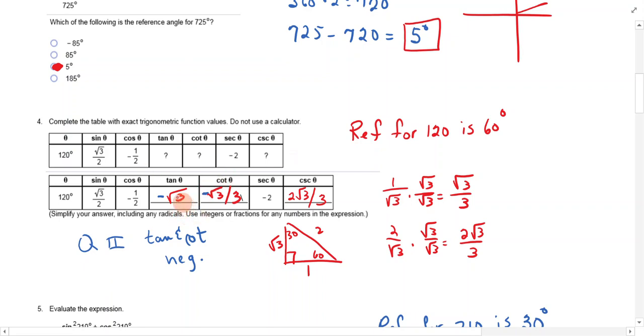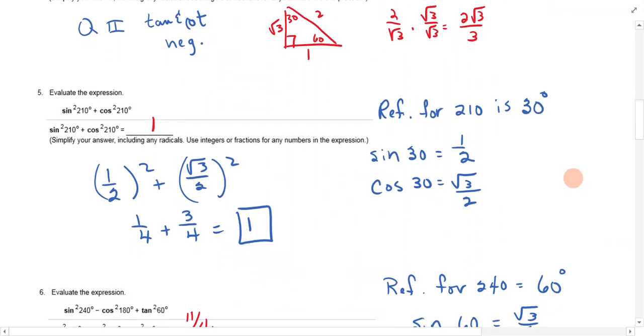So we know tan is square root of 3, cotangent is square root of 3 over 3, and cosecant is 2 square roots of 3 over 3 after we do the rationalization. But then we have to remember that you're in quadrant 2. In quadrant 2, sine is positive and cosecant is positive. The rest are negative. So you have to make sure that you put those negatives in the right place. You can get the trig function values, but we have to remember the signs.